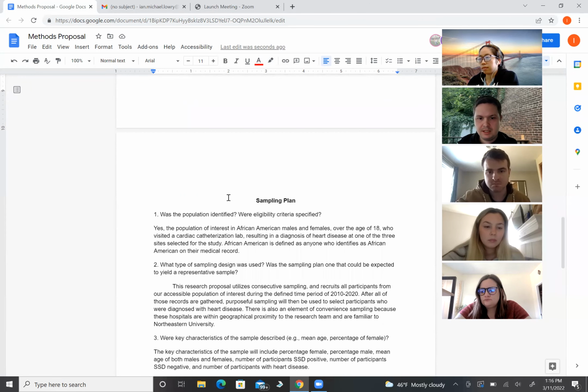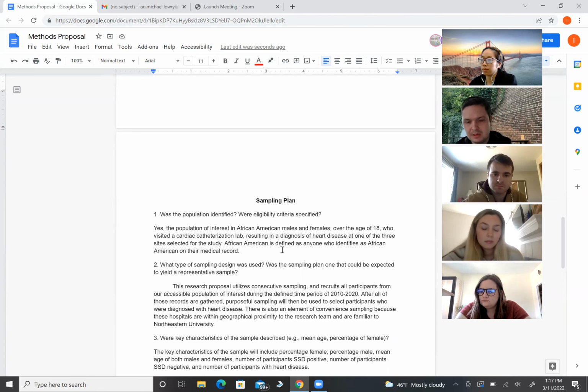So the first question here was, was the population identified? Were eligibility criteria specified? The population of interest is African American males and females over the age of 18 who visited a cardiac catheterization lab, resulting in the diagnosis of heart disease in one of the 3 sites selected for the study.